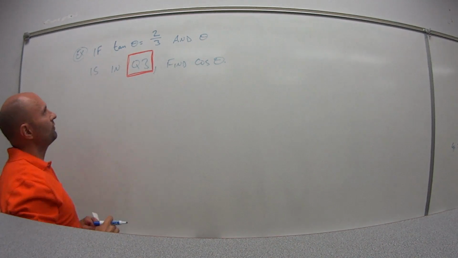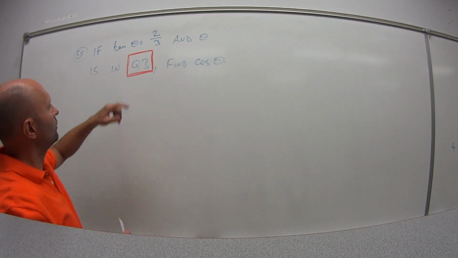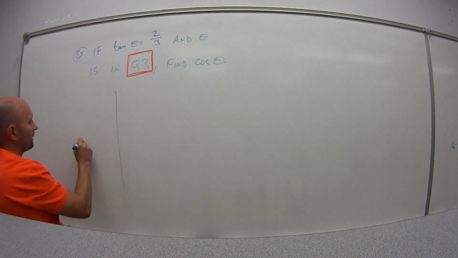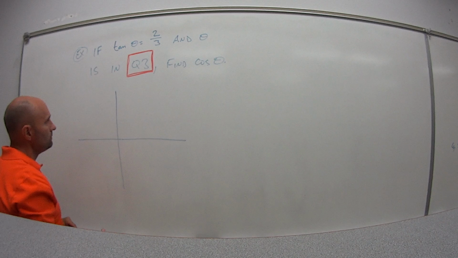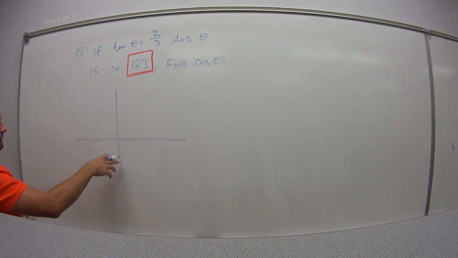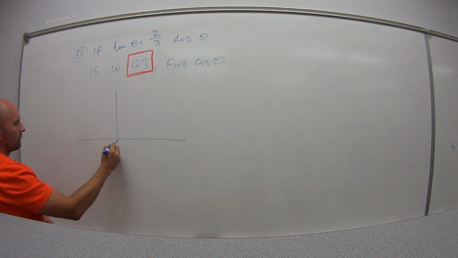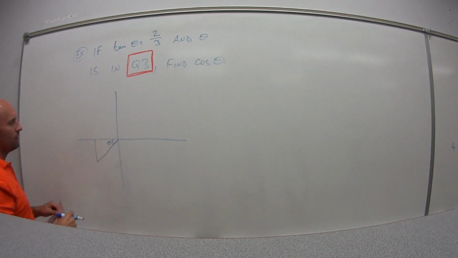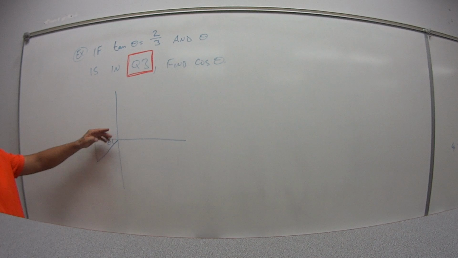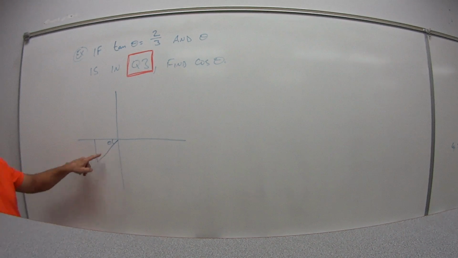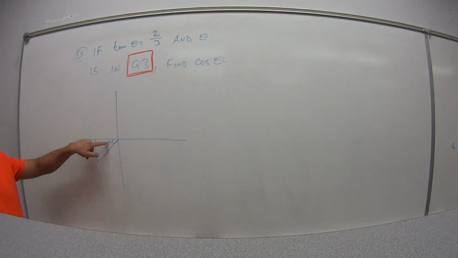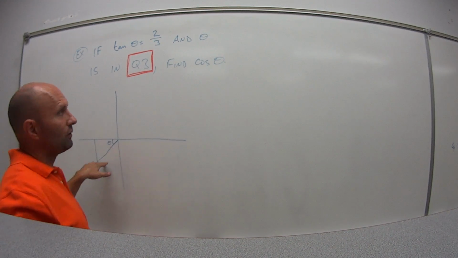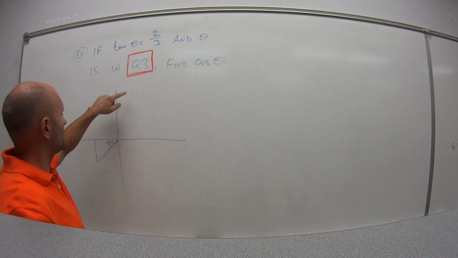So if tangent of theta is 2/3 and we're in quadrant 3, what that means is when I draw my triangle, it's going to be down here in quadrant 3. So if I call this angle here theta, so from this side down to this hypotenuse, that value is theta. And I'm drawing it so that the hypotenuse is in quadrant 3, where it tells me that it ends up.